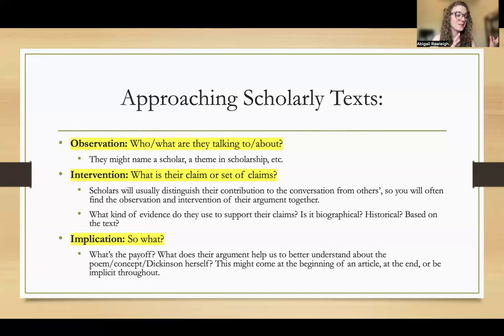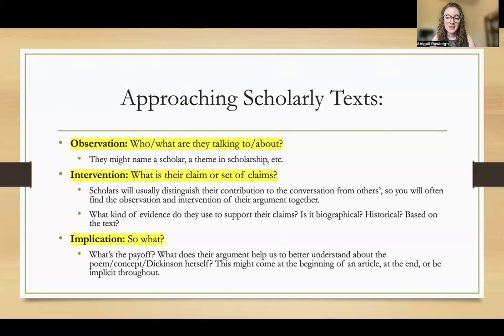We observe, then we dive in deeper to form an intervention, a specific argument about how we think Dickinson's poem ought to be read or one way to read it. And then that helps us better understand similar poems, unlock new ways of interpreting her work, maybe finding a new theme to question or think about.